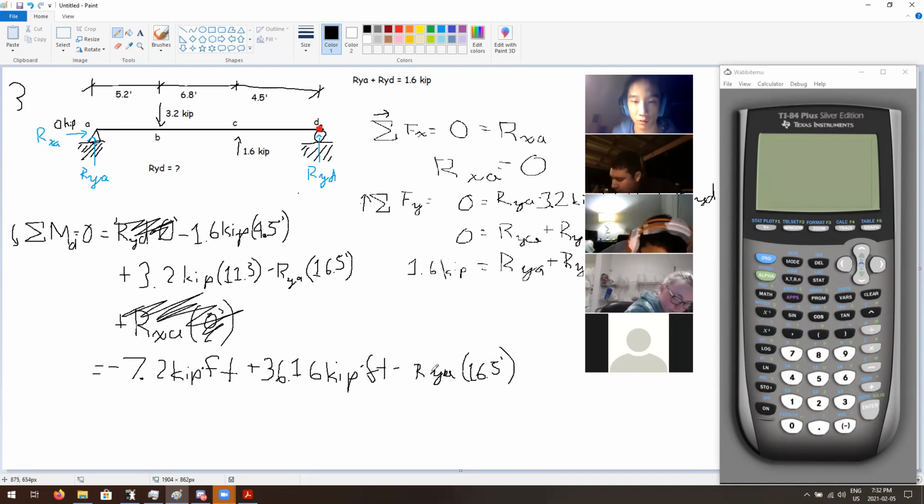Cool. So now we're gonna move this thing to the other side because it has an unknown. There's only one unknown, which is amazing for us. So we can solve for R sub YA. Was that RYA a negative on this side? It was a negative on this side, so we add it to both sides, so it becomes positive on the left side.